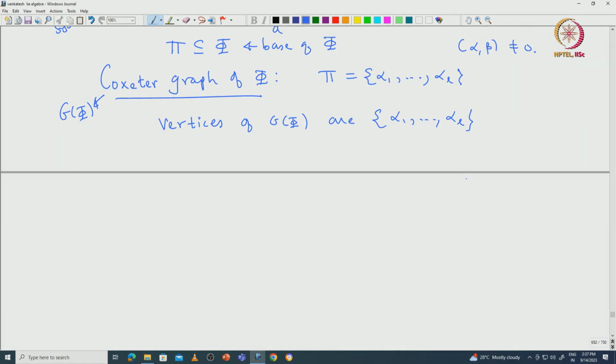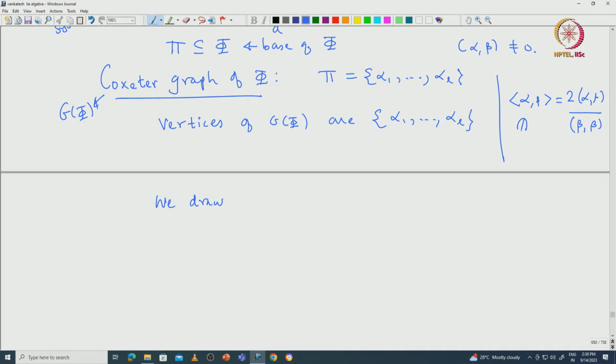Now we draw exactly, maybe I will tell in terms of the Cartan numbers. Recall the Cartan number of alpha comma beta is twice the inner product of alpha and beta divided by the inner product of beta and beta.